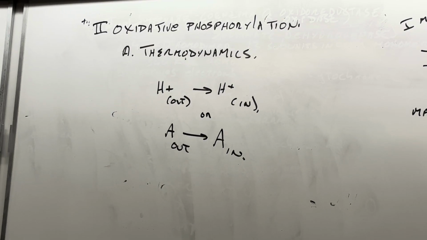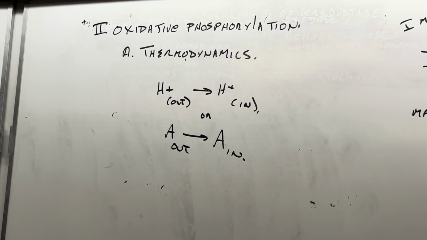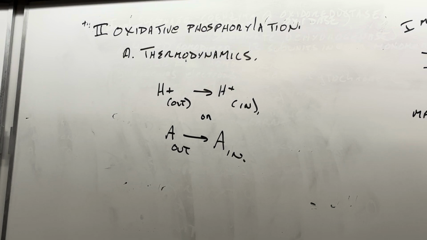So the electrical component is Z times the Faraday constant times delta psi.